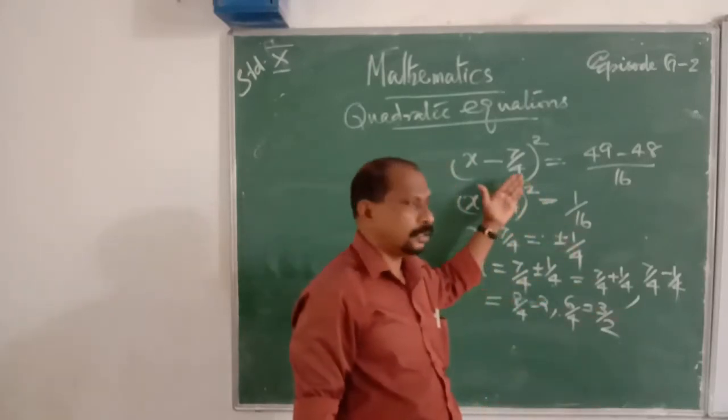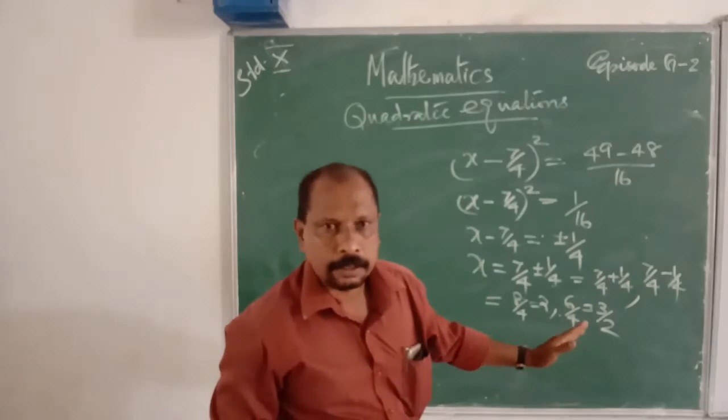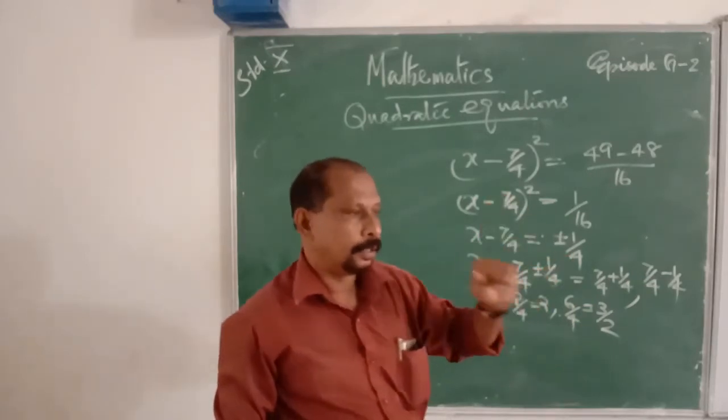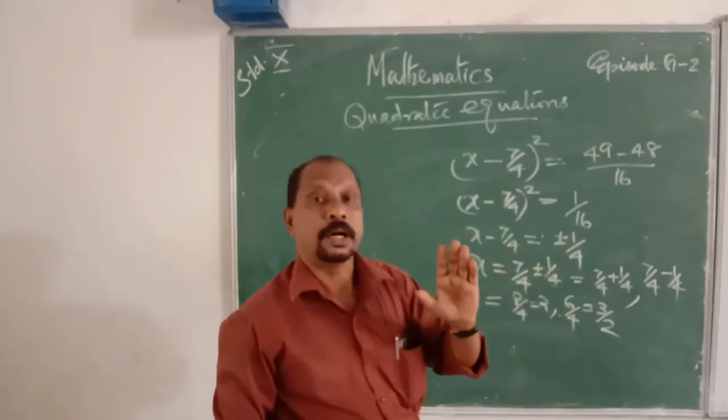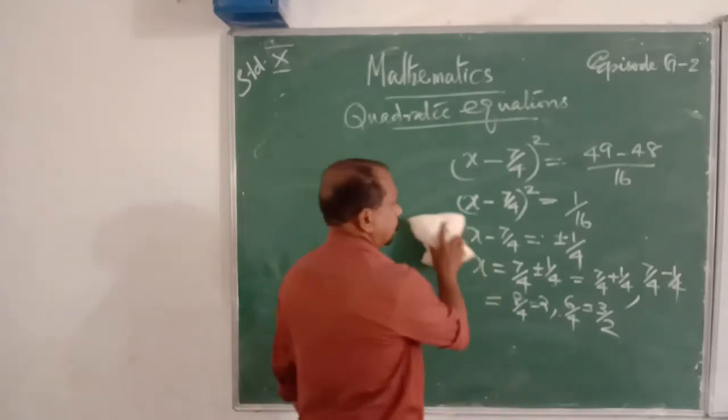We know the result from the previous classes and by the factorization method. Okay? For the factorization method, two formulae we know: one is (a plus b) the whole square and the other is (a minus b) the whole square.